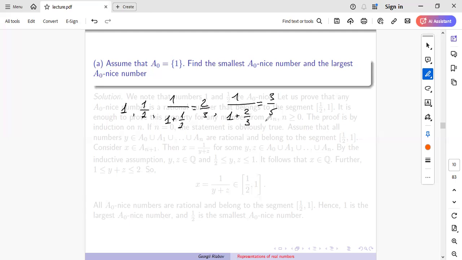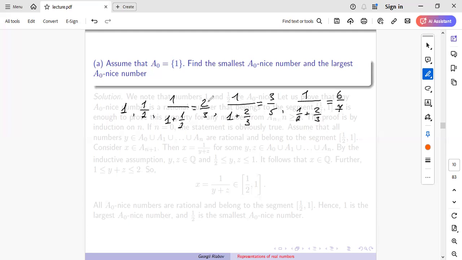We can take 1/2 and 2/3, so that in the denominator we will get 7/6, so the result is 6/7.